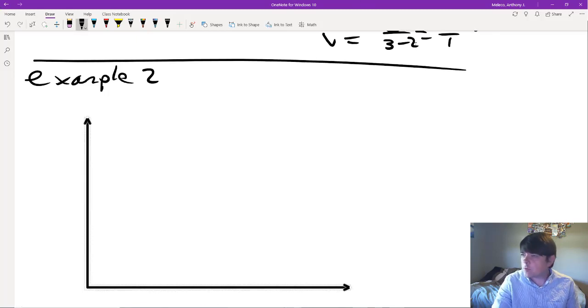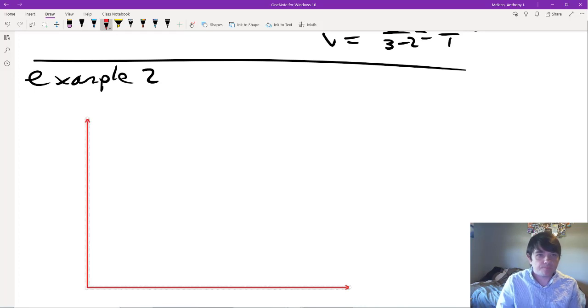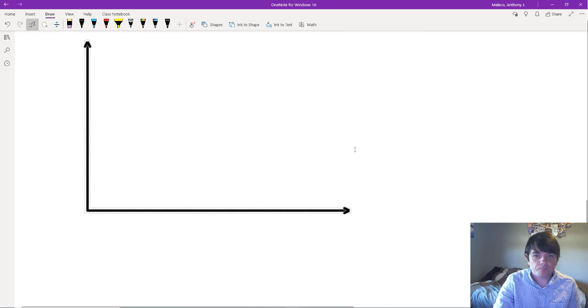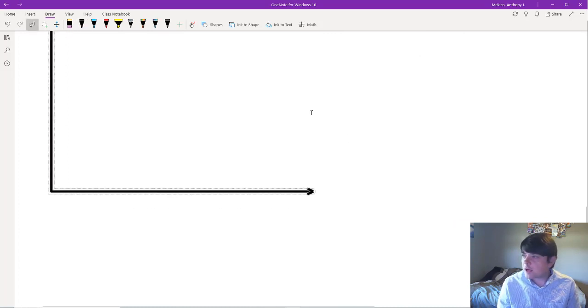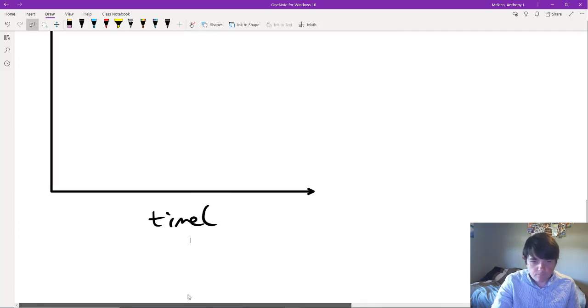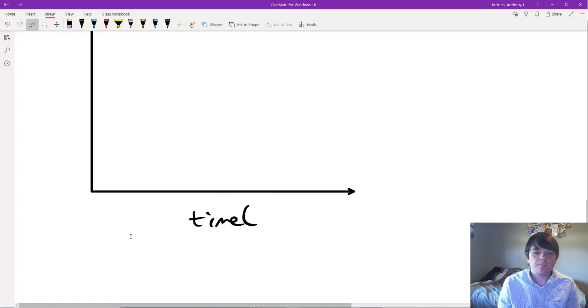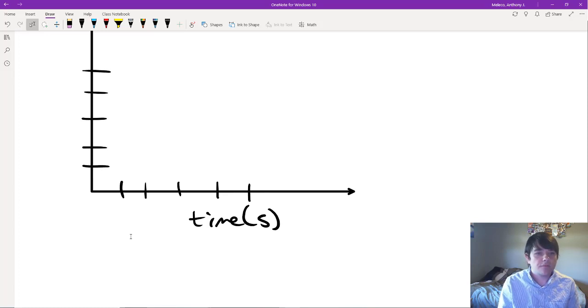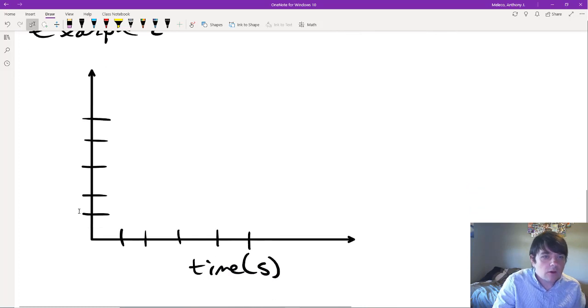And we want to plot, here's our plot. We have our position versus time graph again, 1, 2, 3, 4, 5.